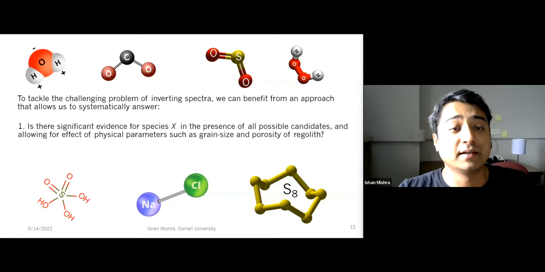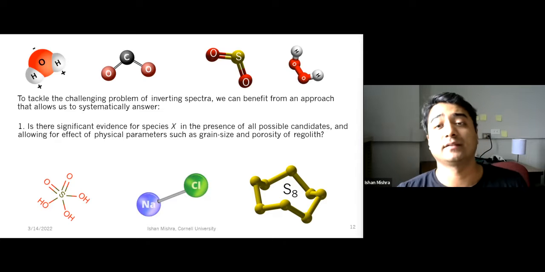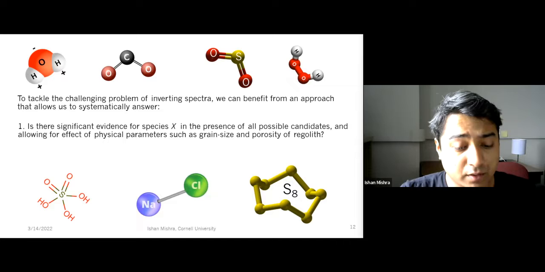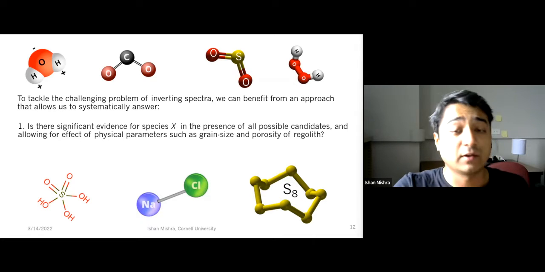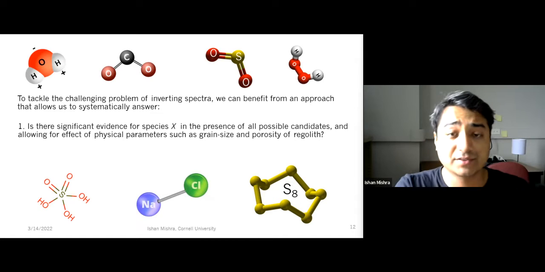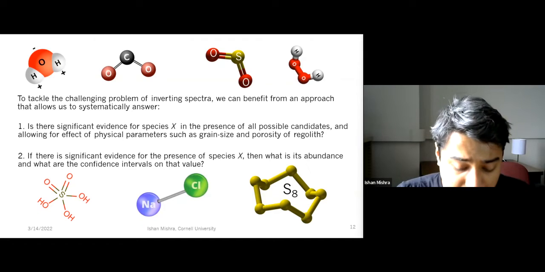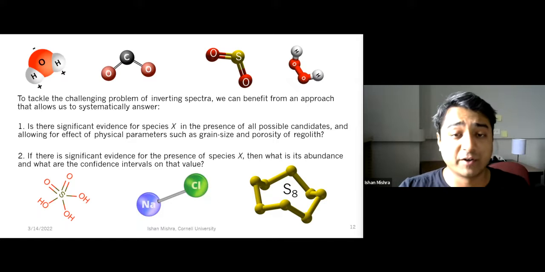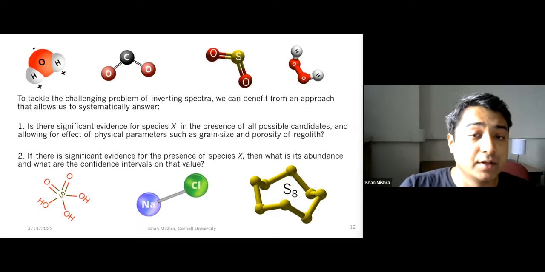Can we systematically determine if there is significant evidence for a given species in the presence of all possible candidates that you might think are present in your spectra, while also taking into account degeneracies that might occur due to grain size and porosity and other physical factors? And if you find significant evidence for a species, can you also constrain its abundance? And very importantly, can you get confidence intervals on these constraints?